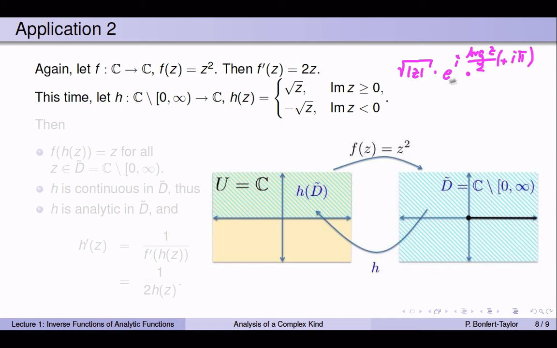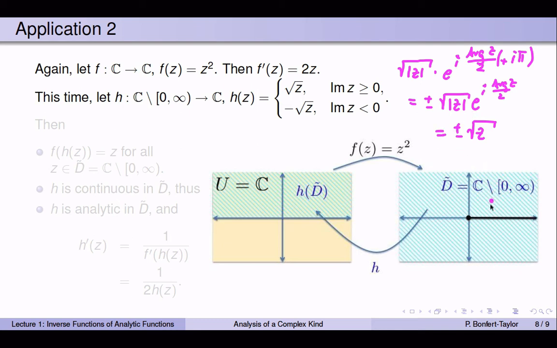Since e to the I pi is -1, we get two possibilities for the square root function. It's plus or minus the square root of the absolute value of z times e to the I argument of z over 2. In other words, that's plus or minus the principal square root of z. Those are my two choices for square roots for a point.